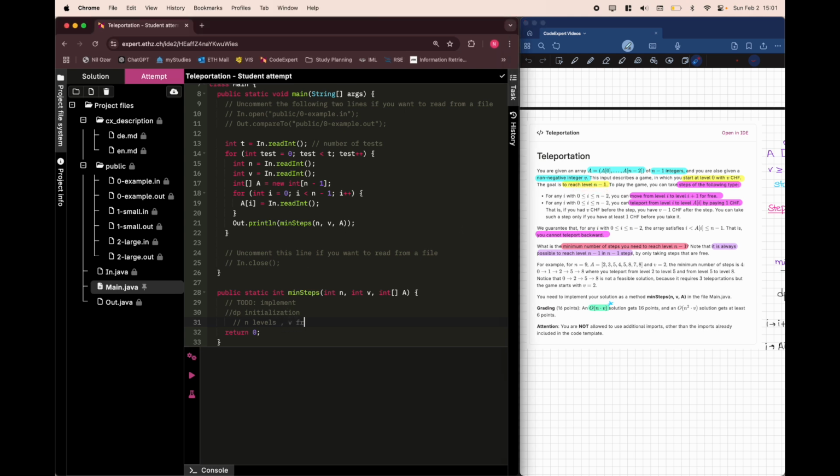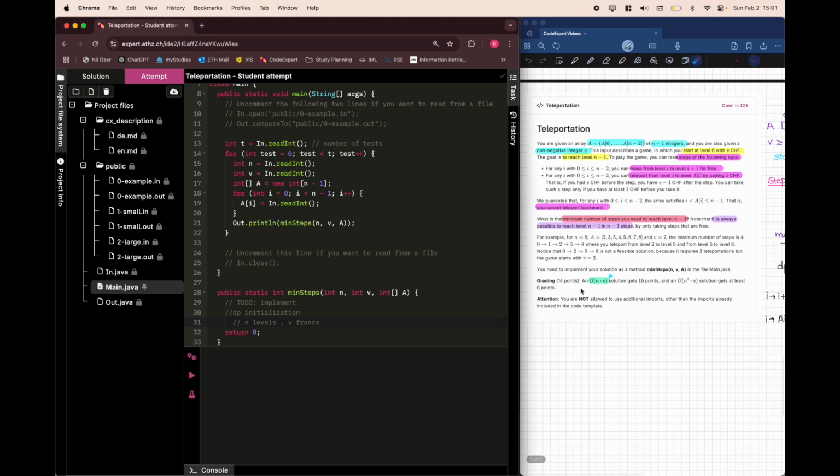We have v francs, but your francs can be 0, can be v. So we need an array of size v minus 0 plus 1 to express this. So our dp table should look like the following.